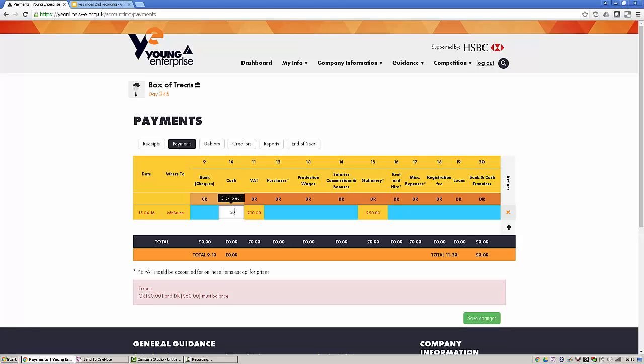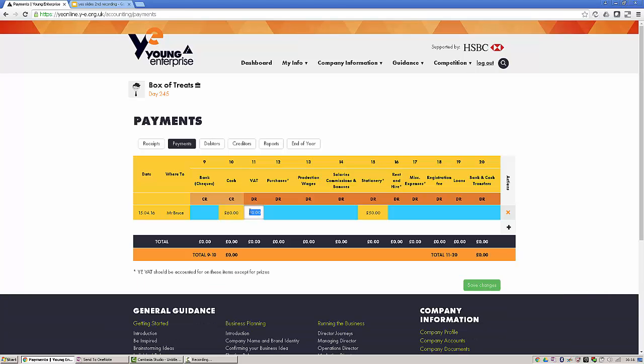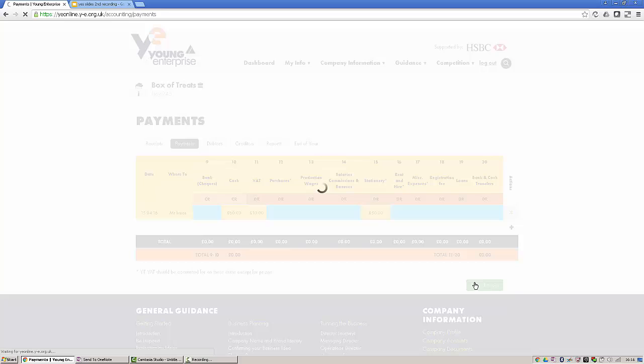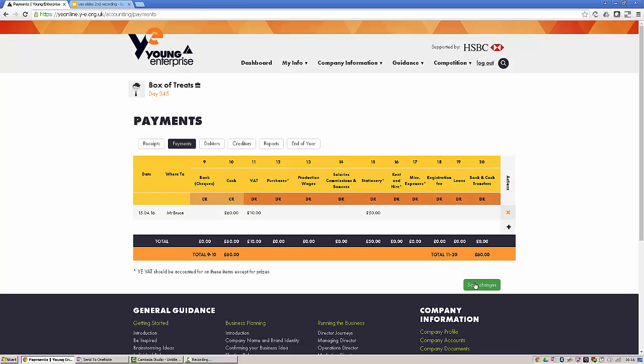But as I said earlier, we'll be able to claim back the VAT, which we'll look at later on. So now I've got my debits and my credits, and they both equal the same amount. If I click Save Changes, that's me now recorded my stationery purchase.